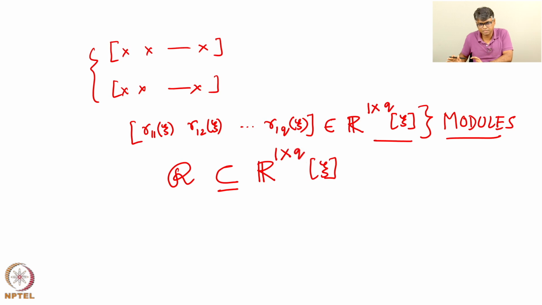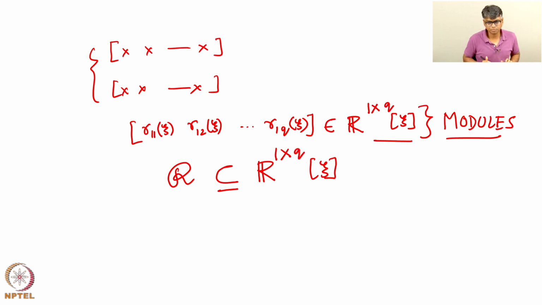There might be elements which admit inverses, but there might be elements which do not. Think of polynomials: non-zero non-constant polynomials do not admit inverses. 1 by ξ is not a polynomial. Likewise, one can think of integers. Integers also form a ring because integers other than +1 or -1 do not admit multiplicative inverses, okay. So, a module is like a vector space, but it is defined over a ring.